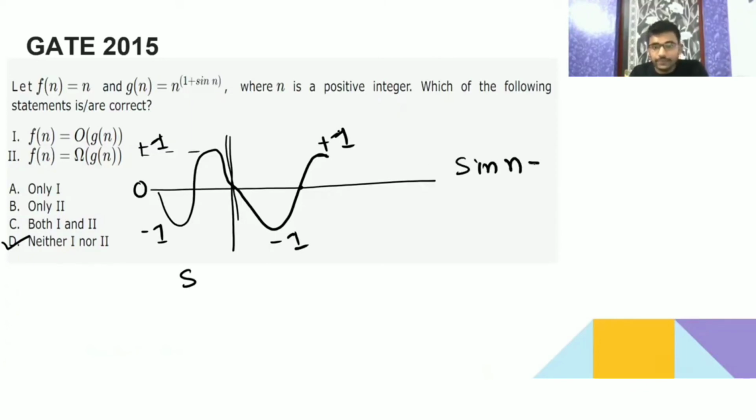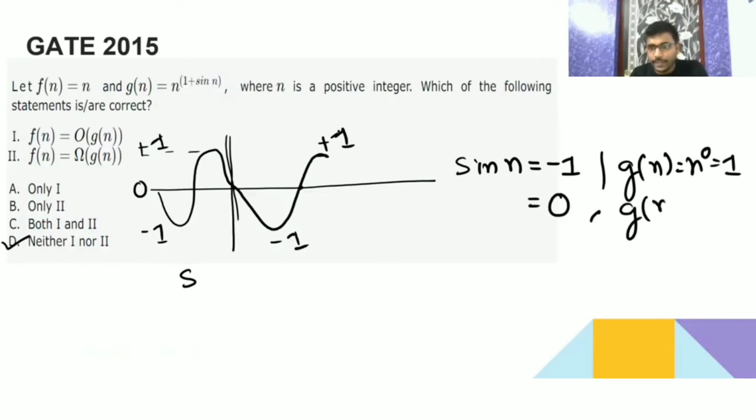Now sin n, if it is equal to minus 1, then g(n) is going to be n to the power 0, which is 1. Now when sin n is equal to 0, you are going to get n, because 1 plus 0 is 1 only, power n, so n to the power 1. When sin n is 1, then you are going to get n square, because in place of sin n you get 1. So you get n square, and here 1.